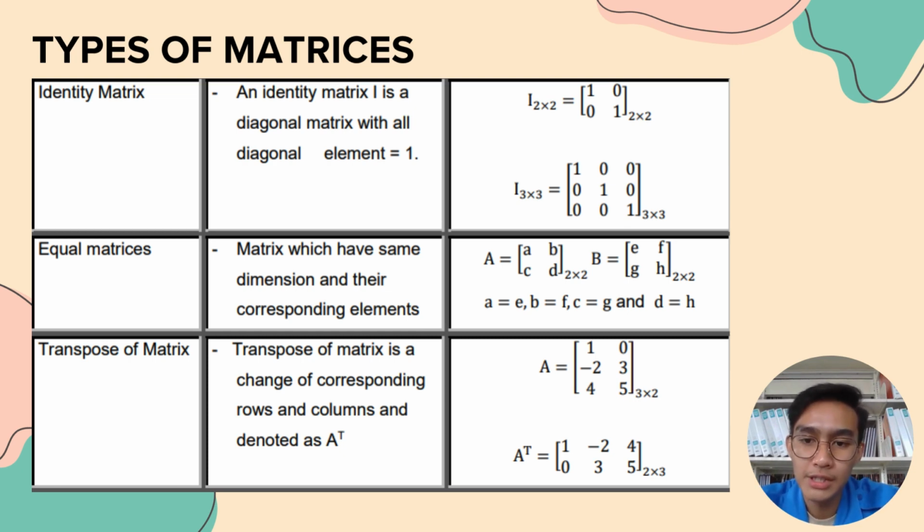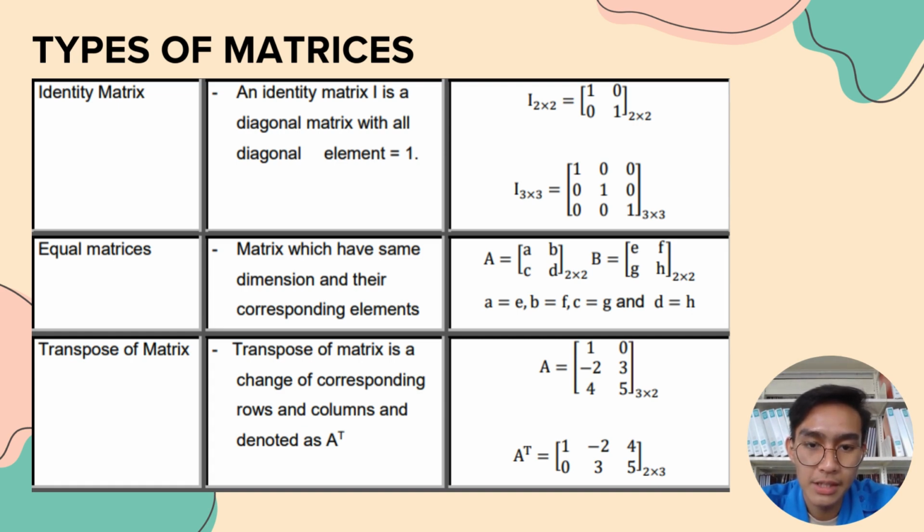And equal matrices are matrices which have the same dimension and equal corresponding elements. For example, for matrix A the order is 2 by 2, and for matrix B the order is 2 by 2 also.